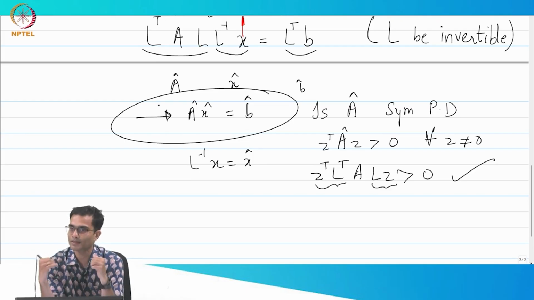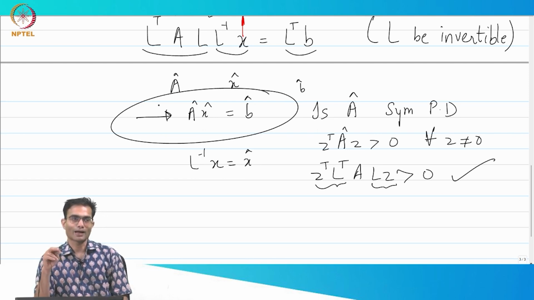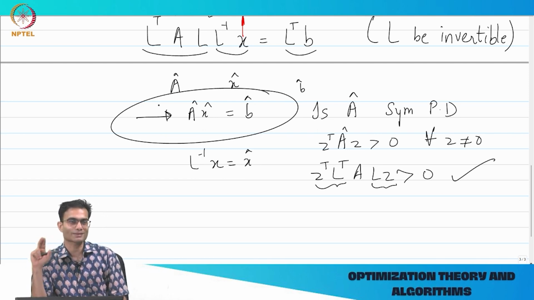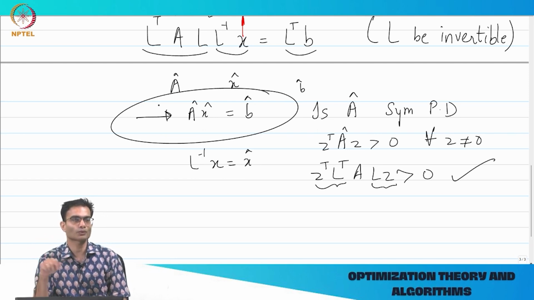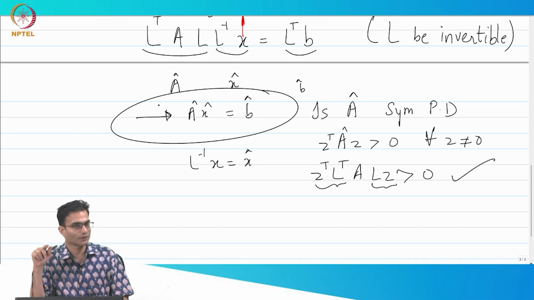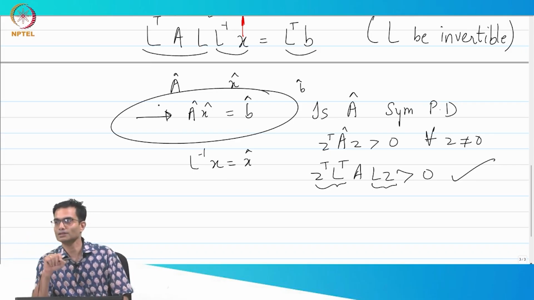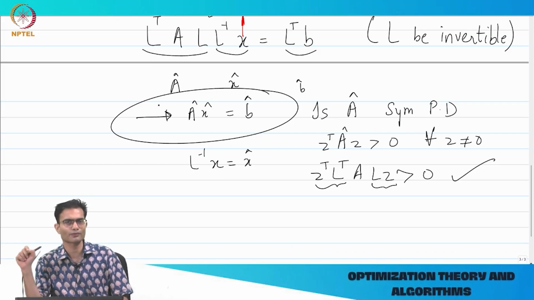Now I am asking, can I be a little bit more clever so that I can use that code as much as possible without having to recreate all the variables in terms of the hatted quantities? You will find a very surprising answer that there are actually very few modifications that you need to do in order to make this work. So we will work that out.